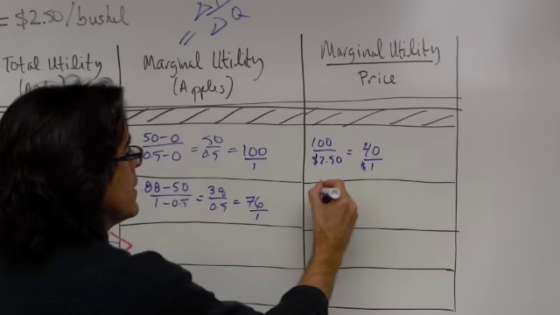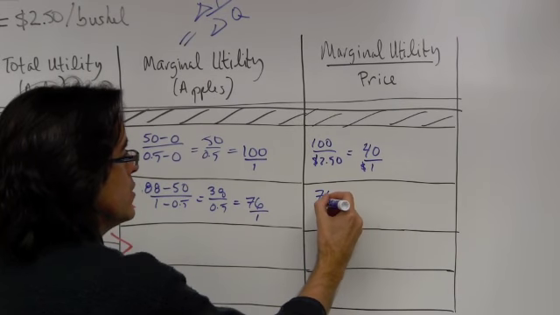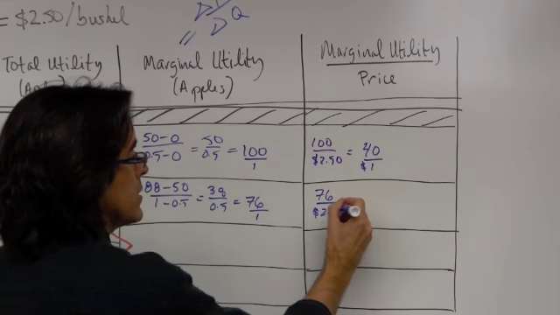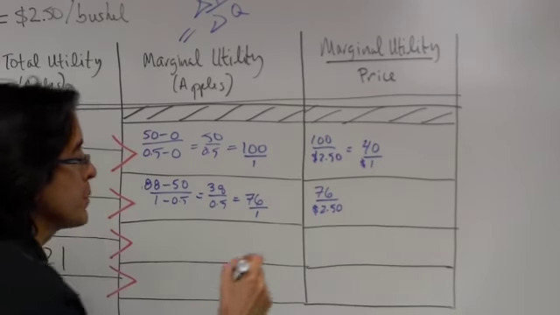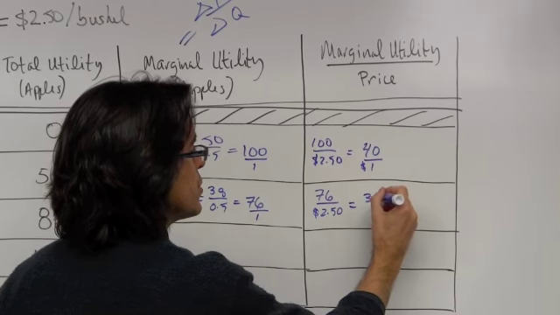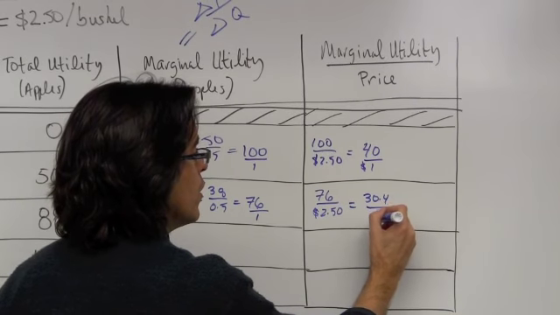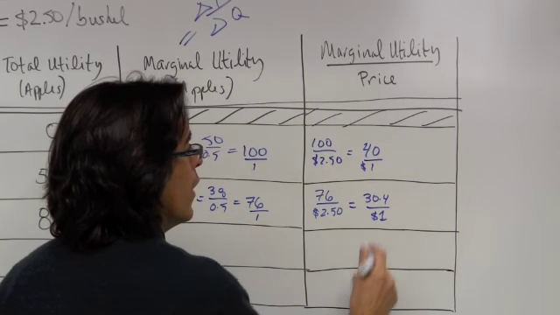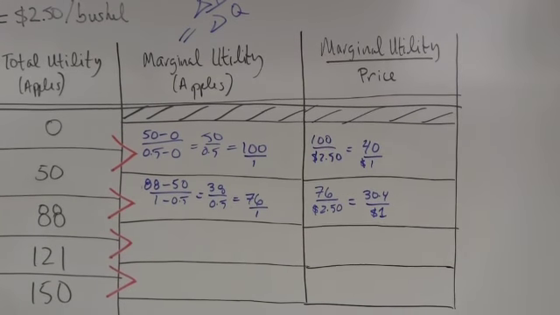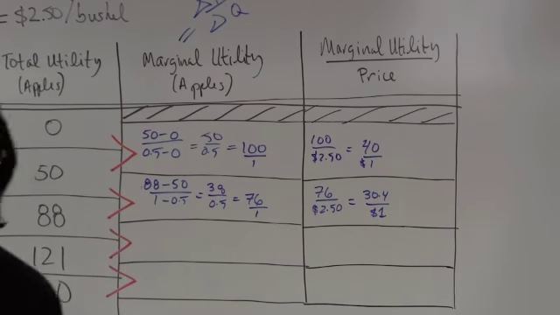Again, we have that change in total utility, that marginal utility, divided by the price. It's still $2.50 per bushel. And the number we end up with is 30.4 over $1. Okay? So now we have two different ratios of marginal utility to price.